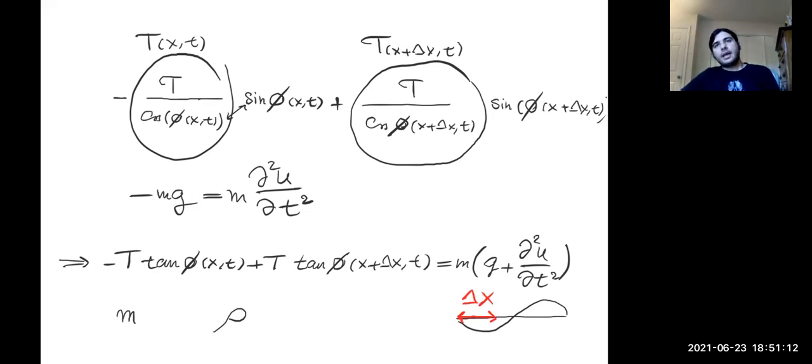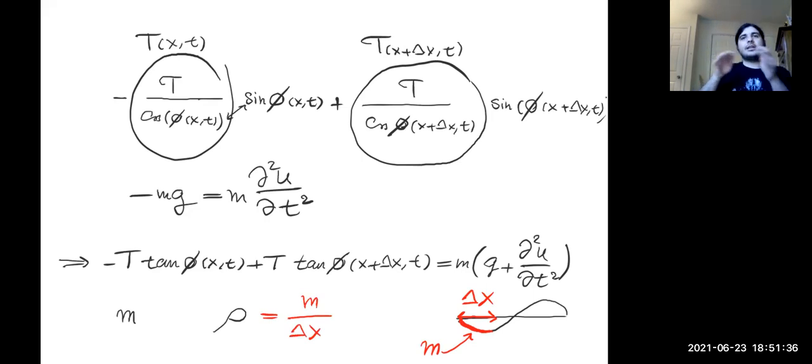I can look at the mass of the string in that segment just above delta x, the mass of this red segment. Let's call that m. If I divide m by delta x, I get this one-dimensional density. In other words, m is equal to rho delta x.